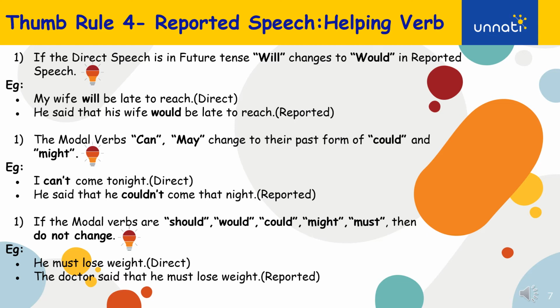But in reported speech, will would change to would. For example, my wife will be late to reach. Direct speech. In reported speech, it would be, he said that his wife would be late to reach. So will changing to would in reported speech.